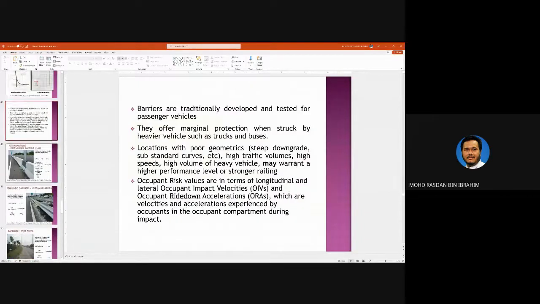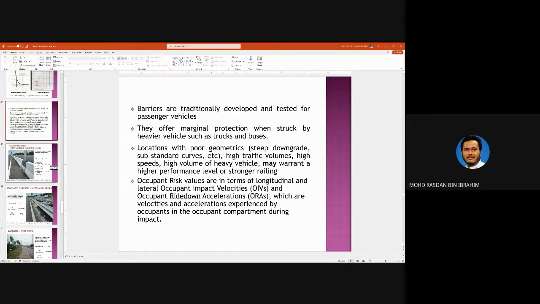Okay. Barriers are traditionally developed and tested for passenger vehicles. They offer marginal protection when struck. Locations with poor geometrics, steep downgrades, substandard curves, all these areas may warrant a stronger railing. So instead of ordering the typical railing in the standards, you can order higher performance guardrails.